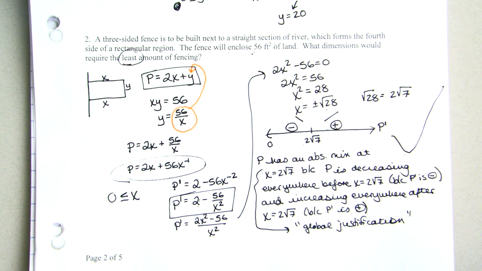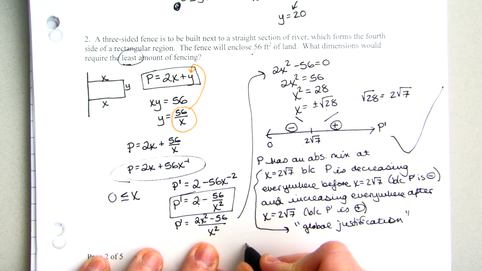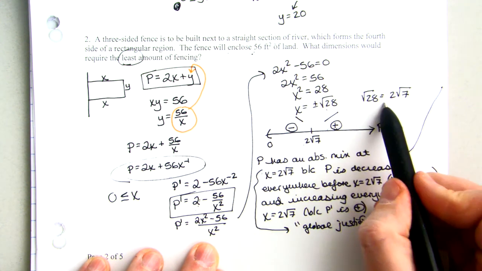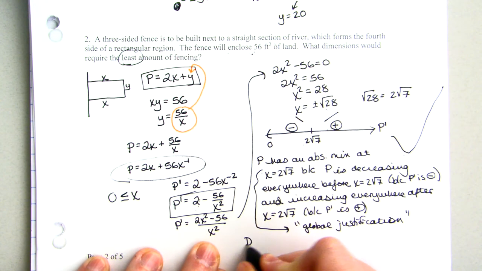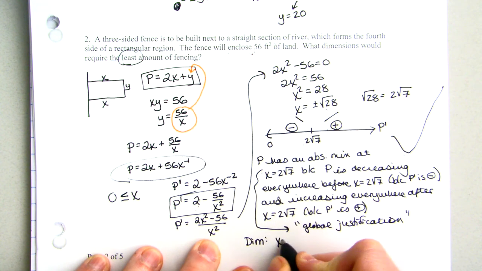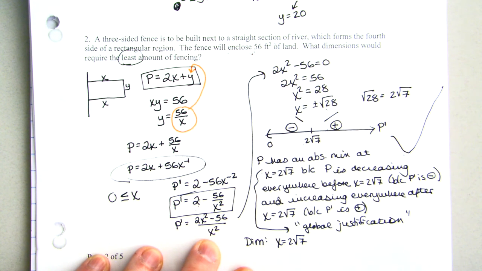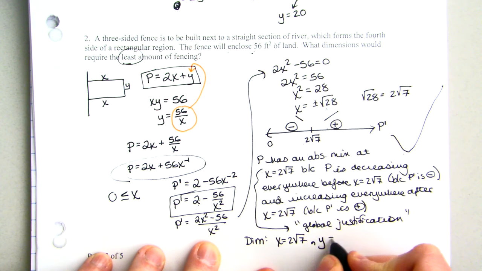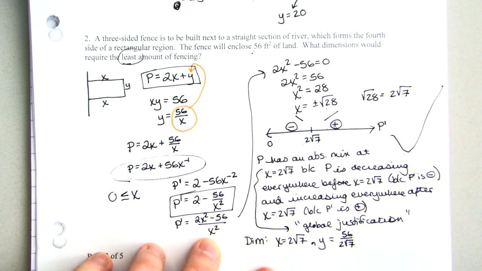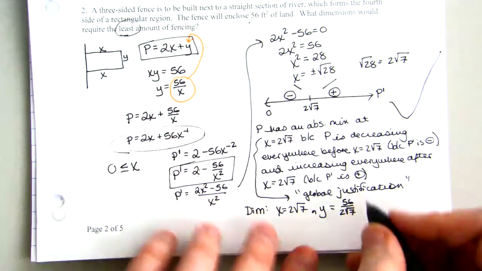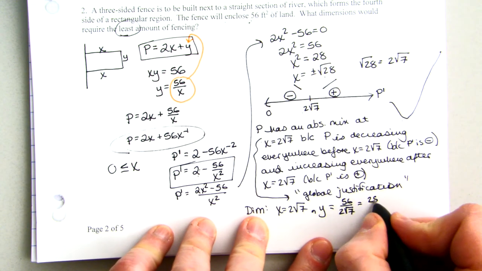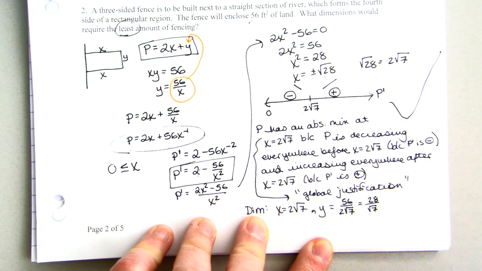Then, what dimensions do I have? Well, my dimensions are, I know my x is 2 root 7. We should find our y. Y equals 56 over 2 root 7. You know what, I bet we can clean that up. 56 over 2 root 7 is 28 over root 7.